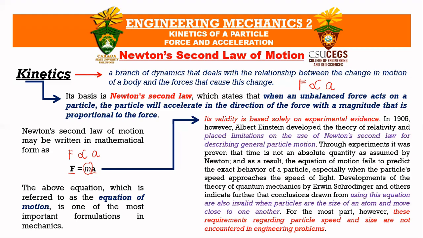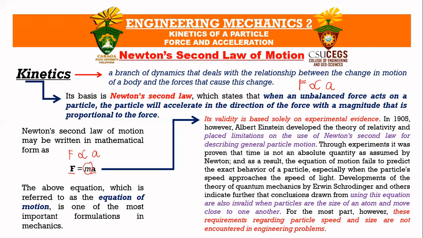Other developments, like the theory of quantum mechanics by Erwin Schrödinger and others, indicate further that conclusions drawn from using this equation are also invalid when particles are the size of an atom and move close to one another. But for the most part, these requirements regarding particle speed and size are not encountered in engineering problems.